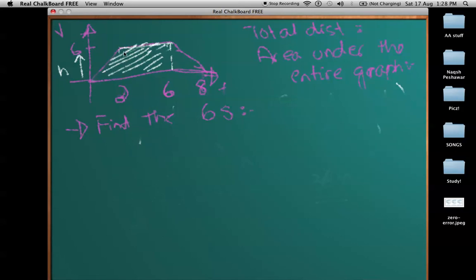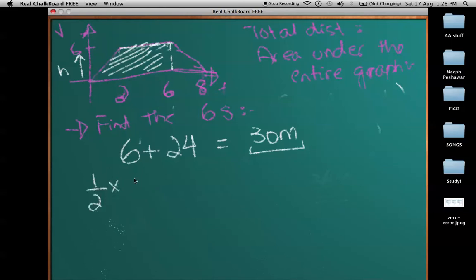Now we have seen this was 6 meters and this was 24 meters. So we can simply do 6 plus 24, which is 30 meters. Or we can also see that this is again a trapezium, so we use the same method, half times the sum of parallel sides times height.